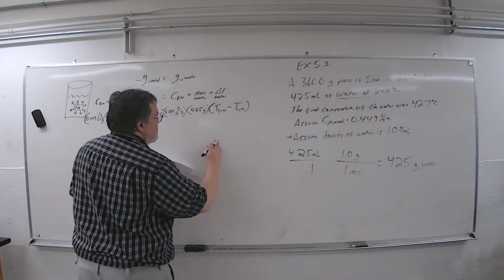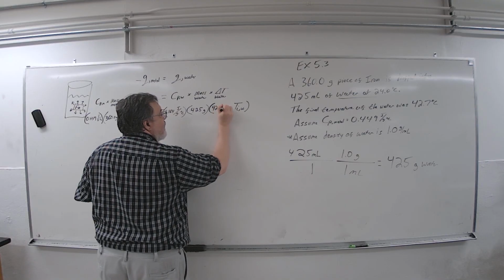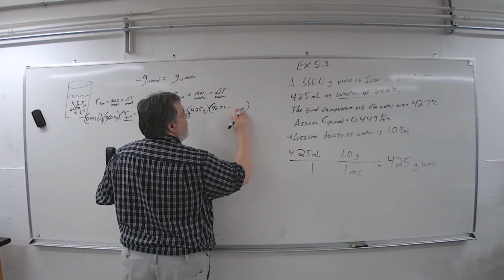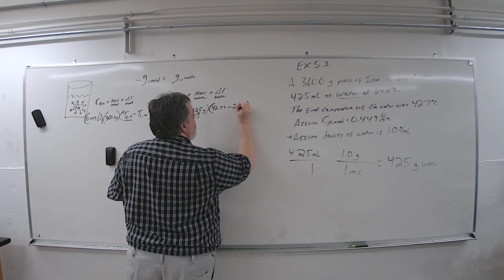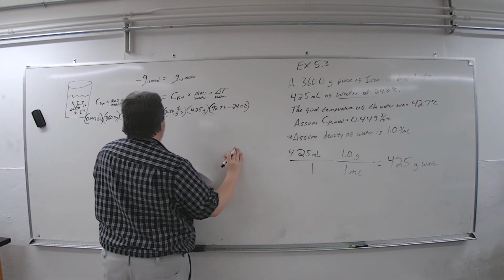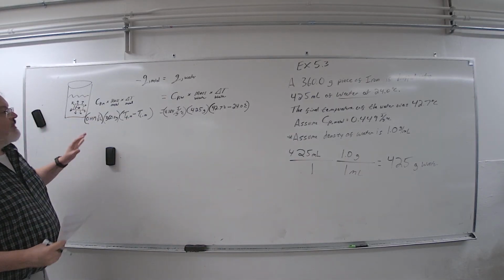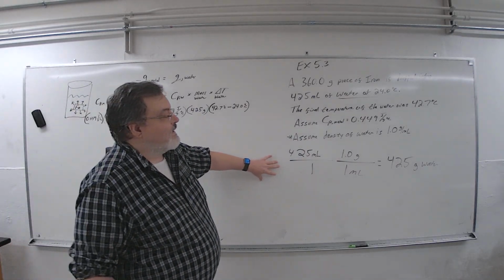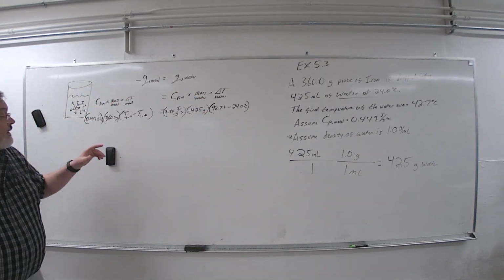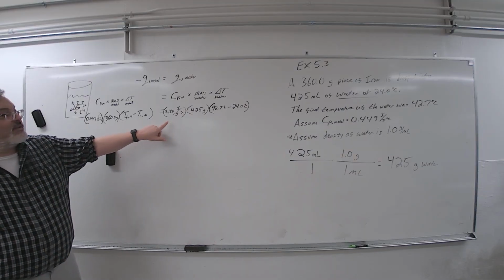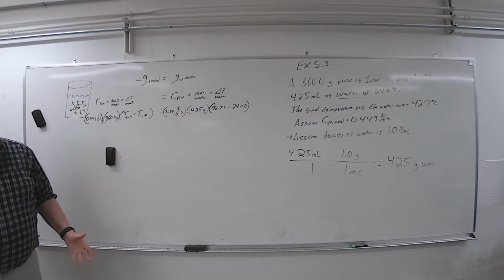So 42.7 for final, degrees C. Initial for the water, 24.0 degrees C. Okay. So far everything is kind of straightforward. Of course, we had to calculate the grams of water. Everything else is given to us. We just fill it in. I got this from the chart, and yeah, this is on the chart too. So all of this is given.